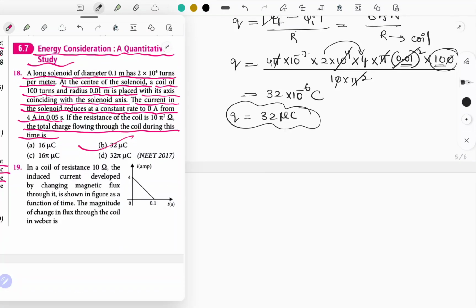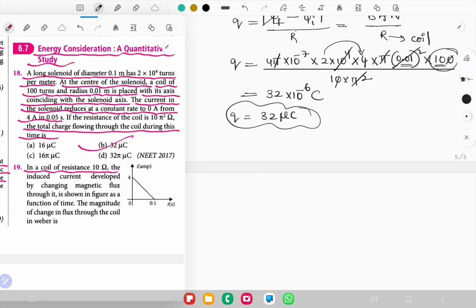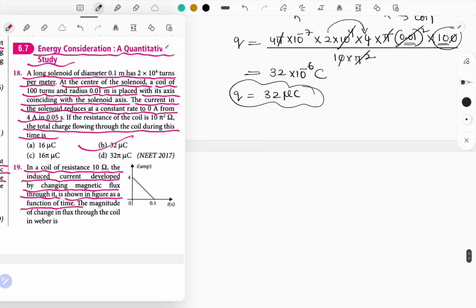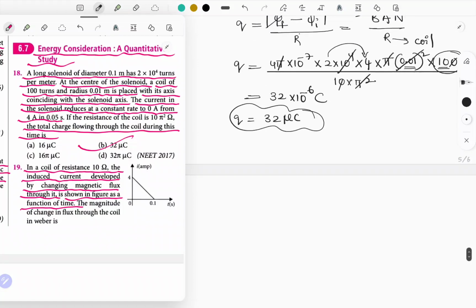Let's try the next question. In a coil of resistance 10 ohm, the induced current developed by the changing magnetic flux through it is shown in the figure as a function of time. That means current is changing with respect to time. Magnitude of change in flux through the coil in Weber.